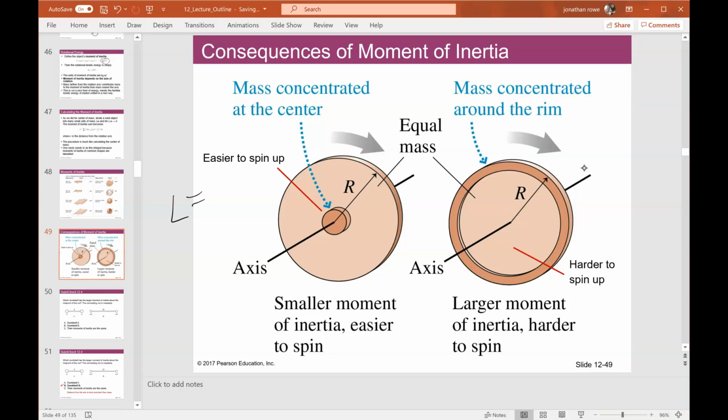Angular momentum is equal to I omega. If L is staying constant and they decrease I, then omega has to increase to maintain that L. So that's why figure skaters, when they get real skinny, start spinning really fast, and when they want to come out of that spin, they slow themselves down that way.